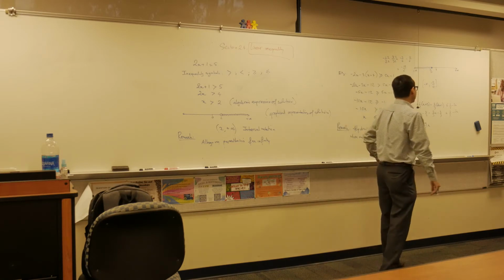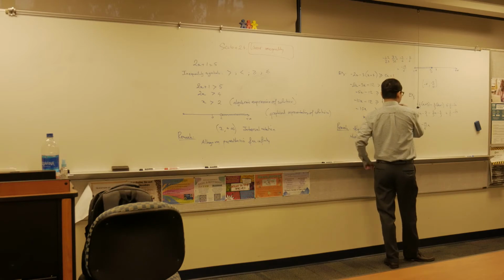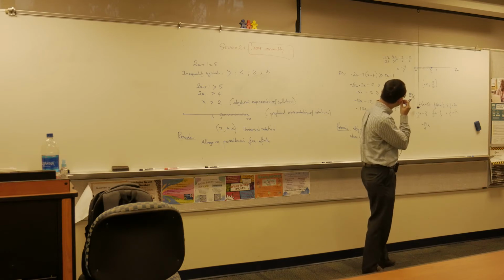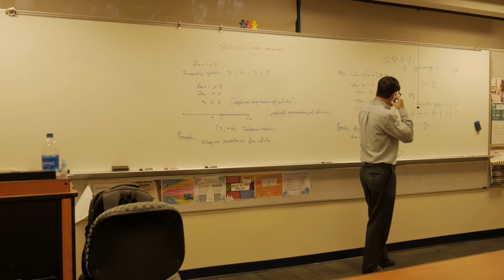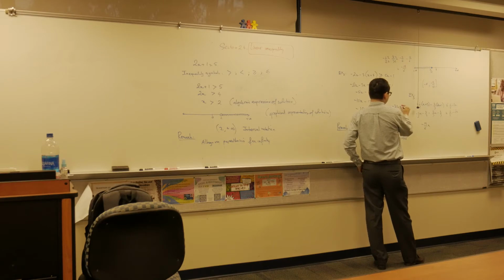Now I'm going to combine like terms again for this one: negative 3 over 2 minus 4 over 3. Again, let's do it on the side. Times 3 here, times 2 here.